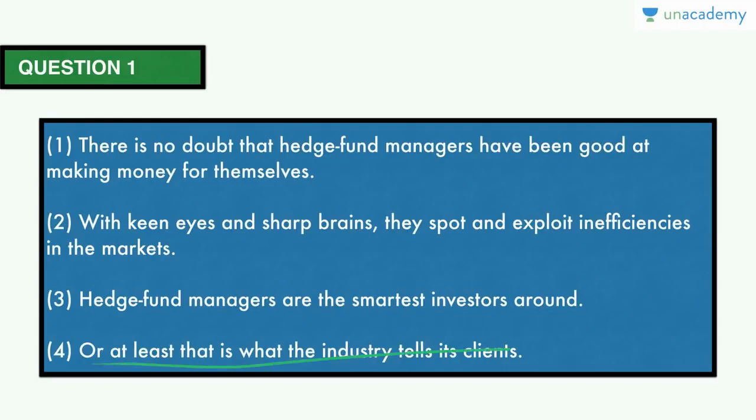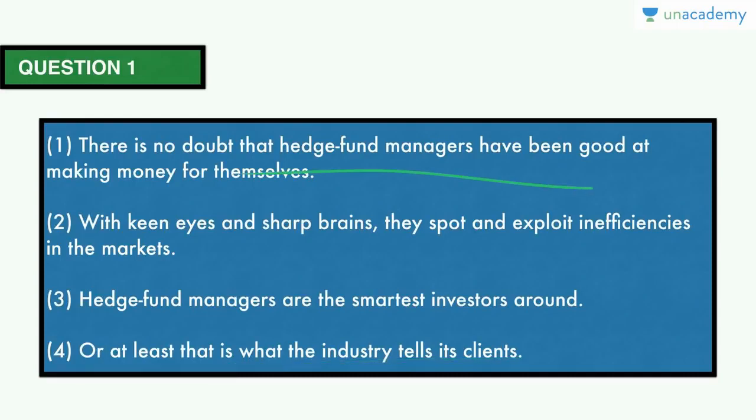What does the industry tell its clients? This sentence tells me that there is some sentence amongst these three that should be stated as a fact, and then in sentence 4 you say that this is a fact, or at least that is what the industry tells its clients.